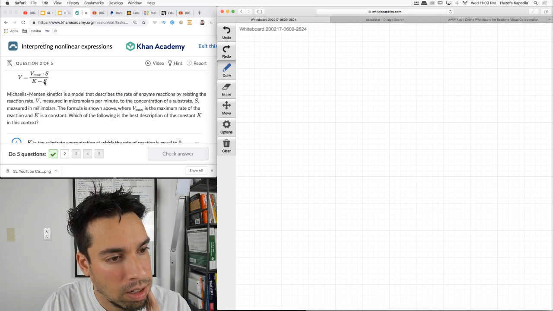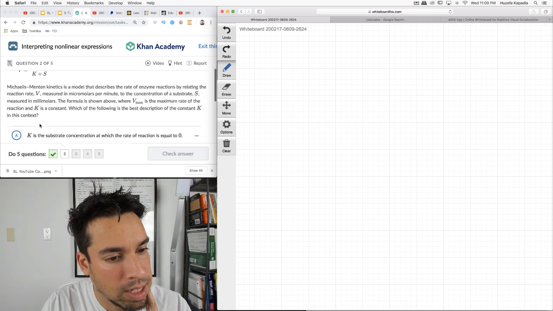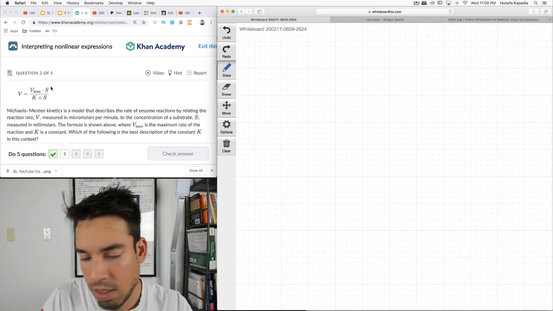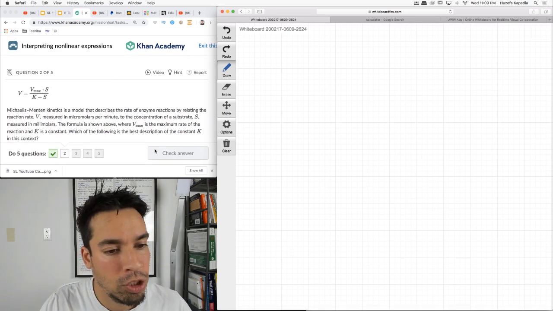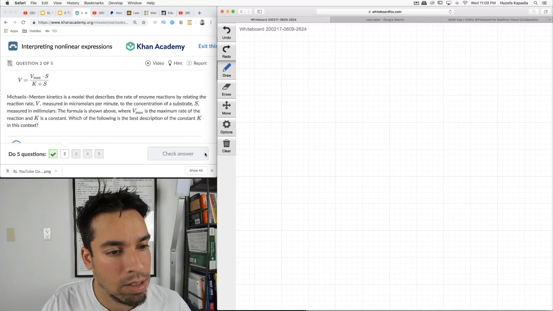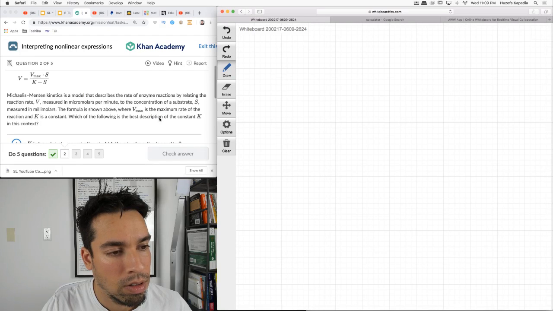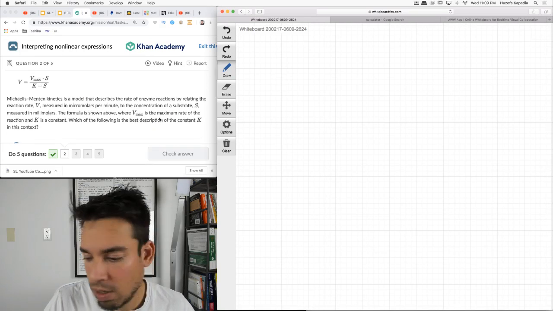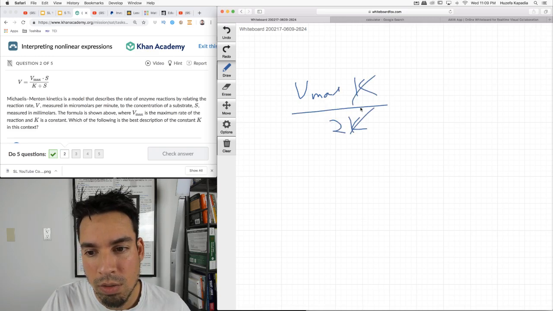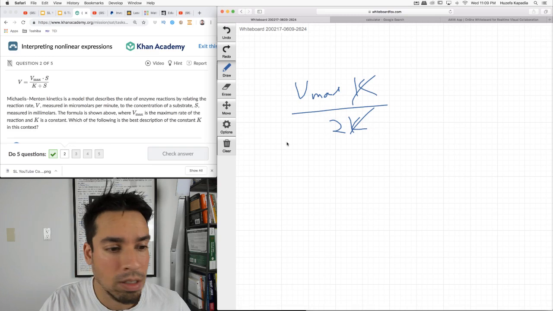If it's K, if that's true, then for that first one to be true, that means if I plugged in K for S, we would get 0. But I don't think that would work, because it'd be V max, very typical problem, K over 2K. These guys would cancel out, V max over 2. No, that doesn't make sense.